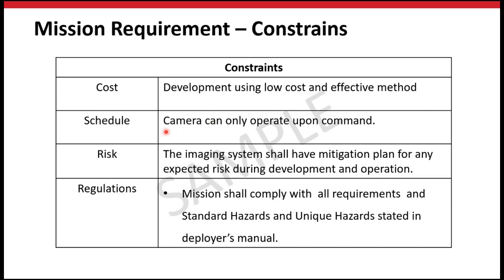And schedule means when the camera system can operate. Is it automatic or based on command? Command means that we from the ground, from the Earth, send a signal to the satellite so the satellite can capture the image. If we don't send the command, the camera will not take any image. So this is scheduling, how you ensure that the satellite operates its camera mission.